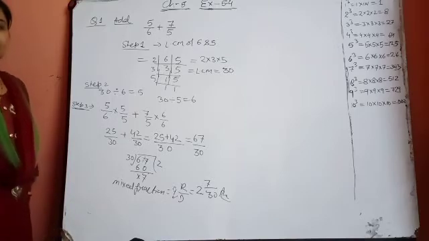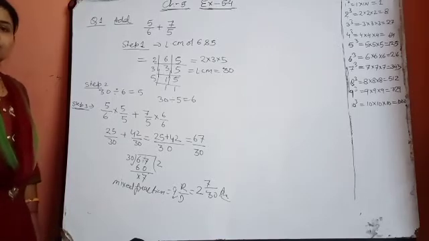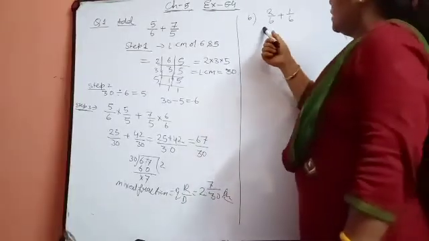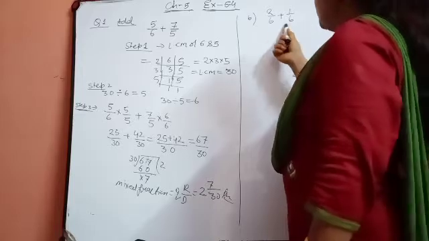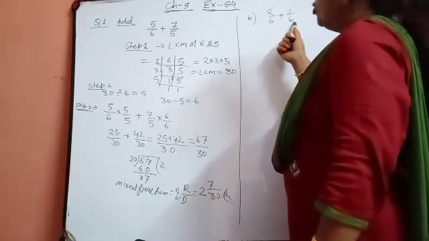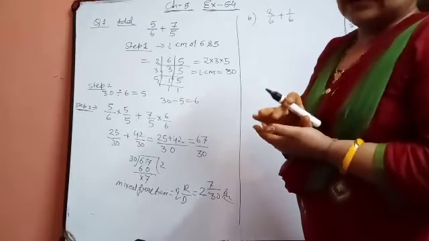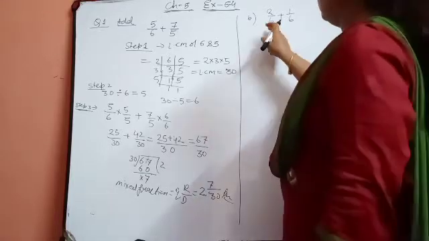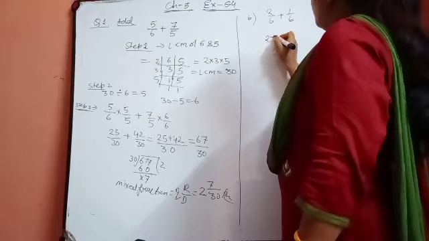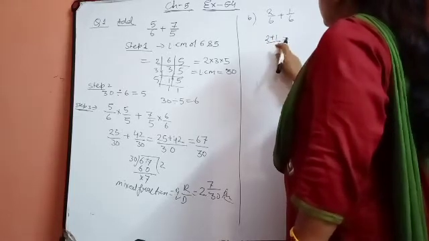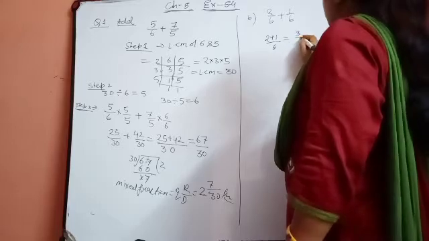Again, one more part I am doing for this question, and then further you will do yourself. Now see, in part B you don't need to take any LCM because the denominators are already equal. If the denominators are equal, you will not take LCM. So you will write 2 plus 1 upon 6. 2 plus 1 means 3. 3 upon 6.